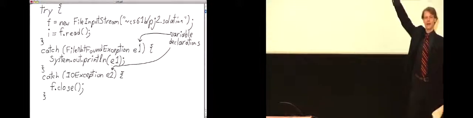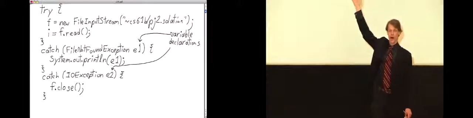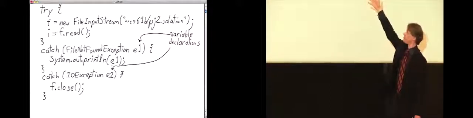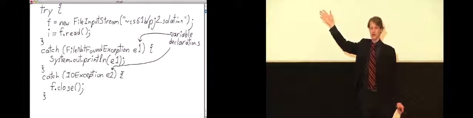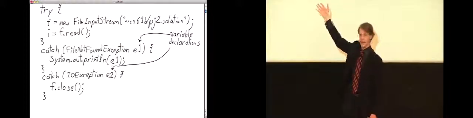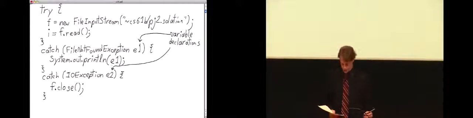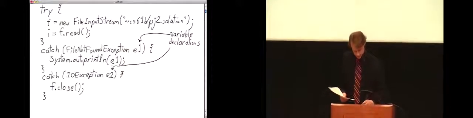So for the first exception here, I am declaring a variable named E1 of static type FileNotFoundException. And for the second catch clause, I'm declaring another variable, E2, of static type IOException. And both of those are subclasses of Exception.